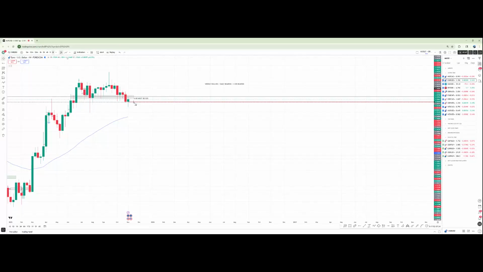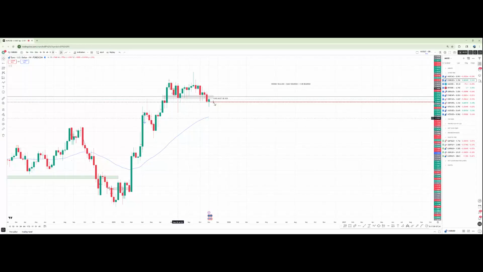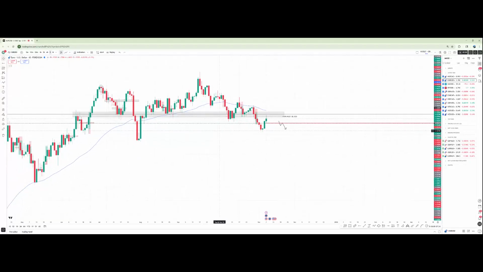So we're still on the bullish, but we could see the price action continue to go down. So the daily time frame has a very nice market structure of lower low, lower high, lower low, lower high. This is a potential lower high.